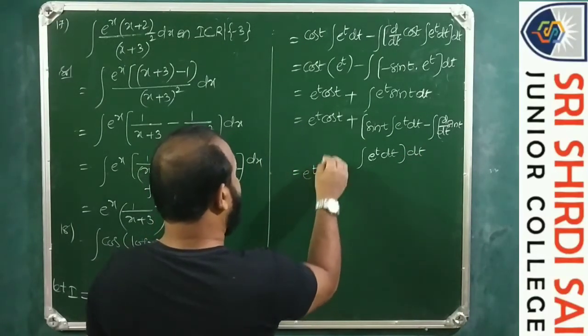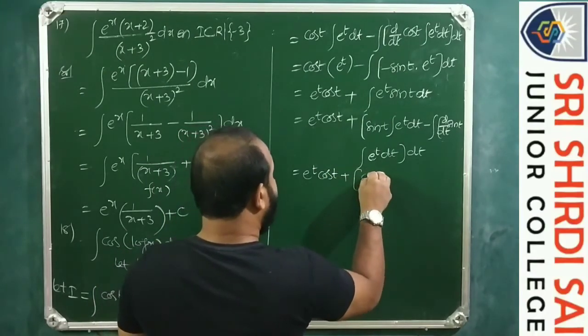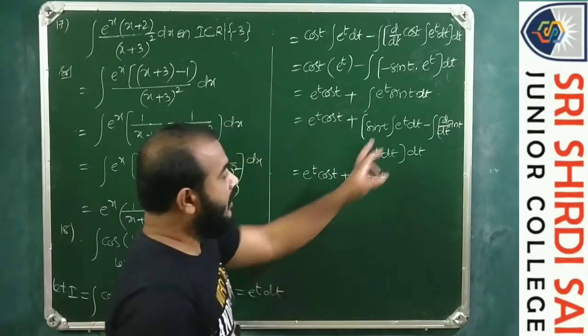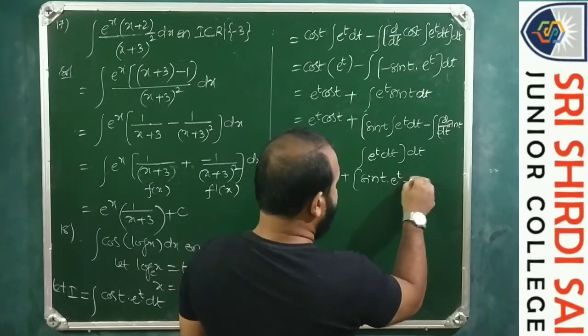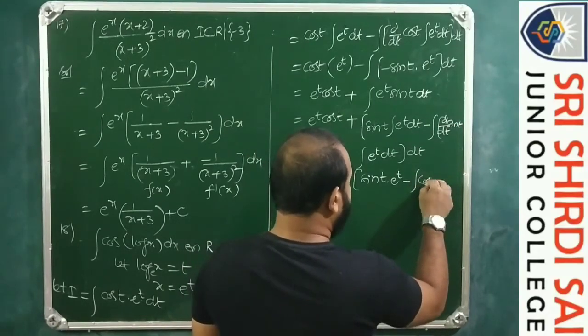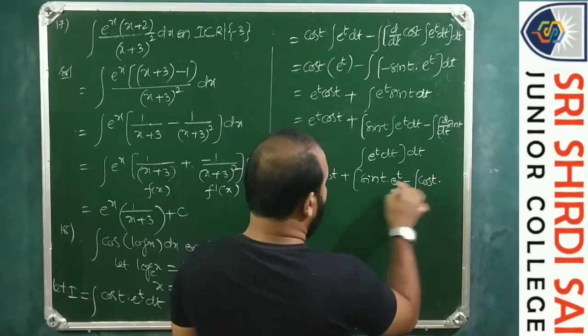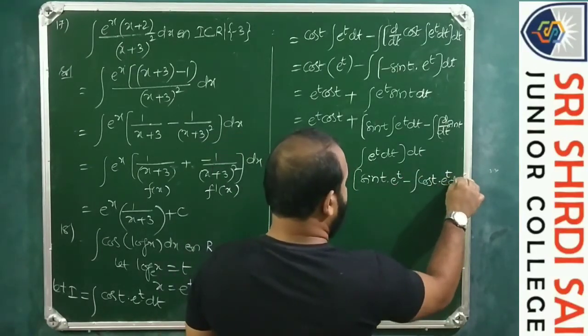This is e power t cos t plus sin t into integral e power t dt, which is e power t, minus d by dt of sin t, which is cos t, into integral e power t dt, which is e power t, dt.